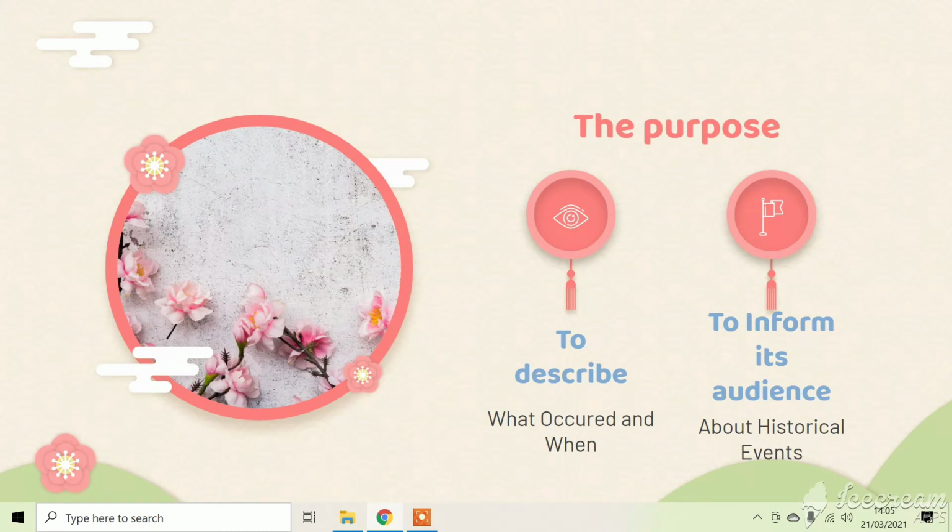Okay, well, on the second slide, we talk about the purpose of the recount text. The purpose of recount text is to describe what occurred and when it occurred, and also to inform its audience about historical events.